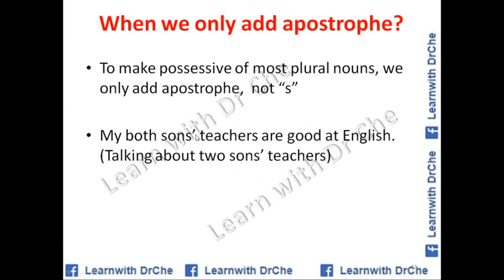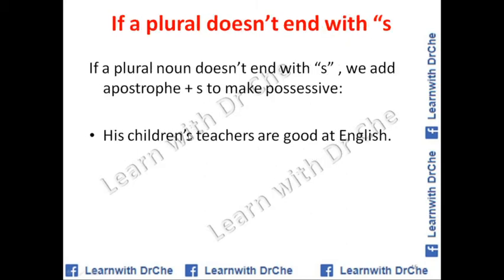We don't put an extra S. My both sons' teachers are good at English, talking about the teachers of two sons. With a plural ending in S, we only use an apostrophe.